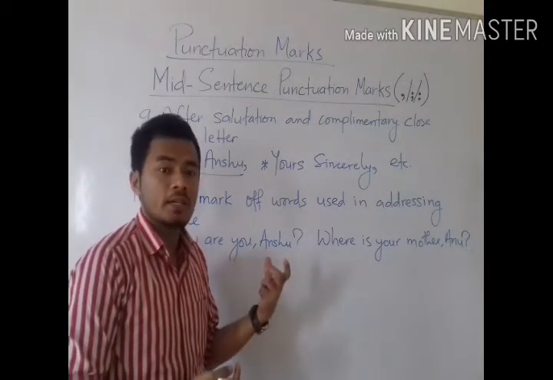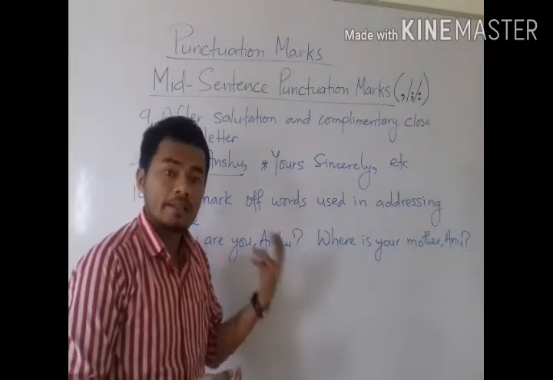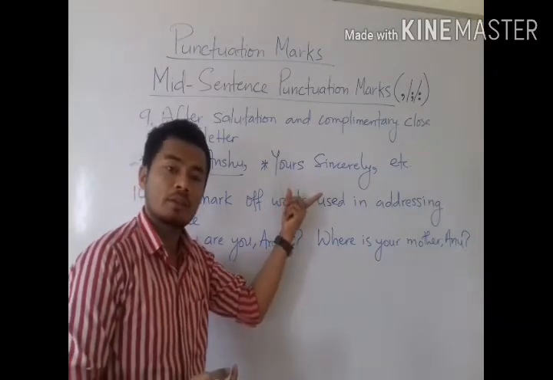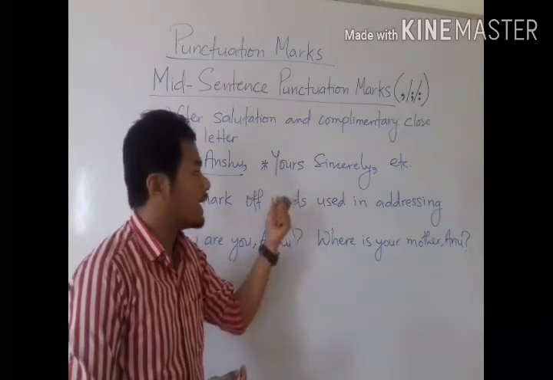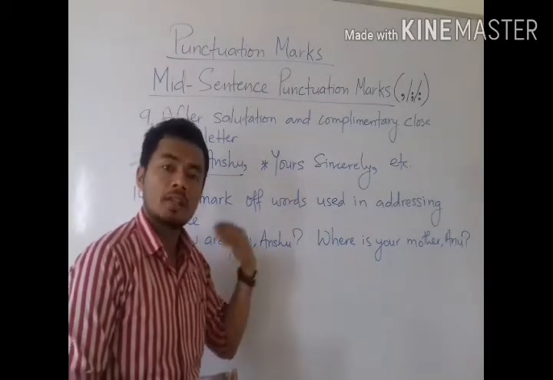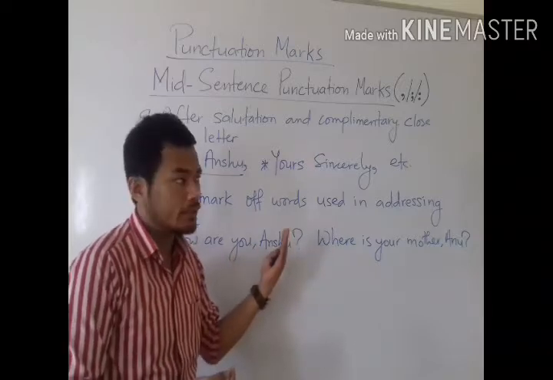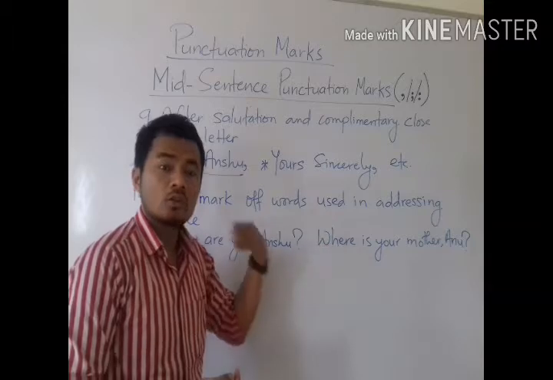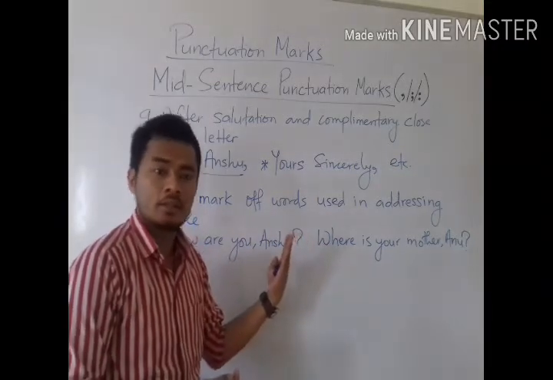Before writing the name of that writer, we put complimentary clause, and after complimentary clause we use comma like yours sincerely, comma. We should write our name or the name of the person who is writing the letter. Yours honestly, yours obediently, like this. Understood?